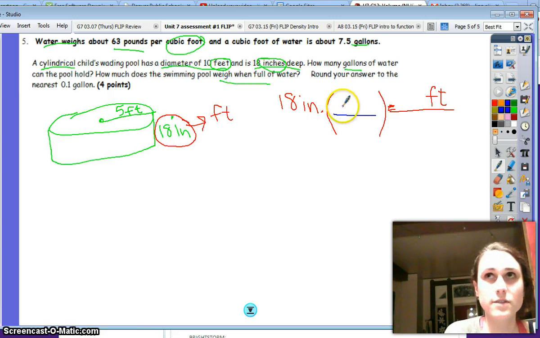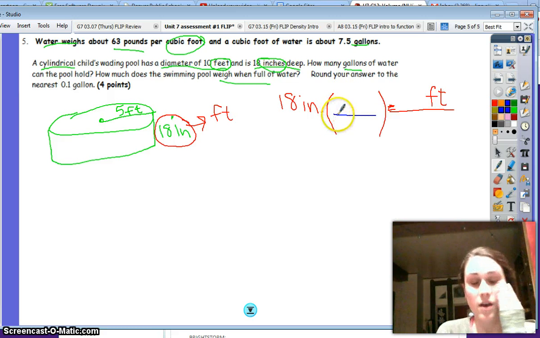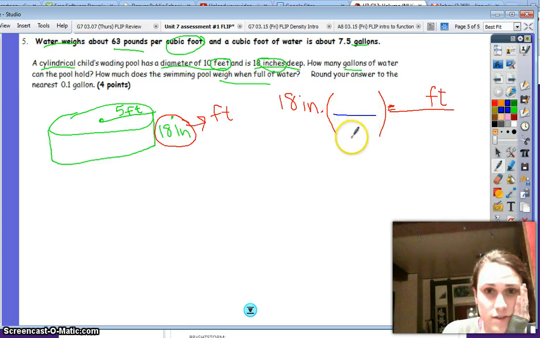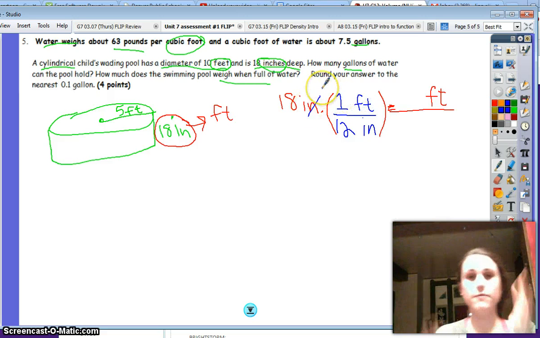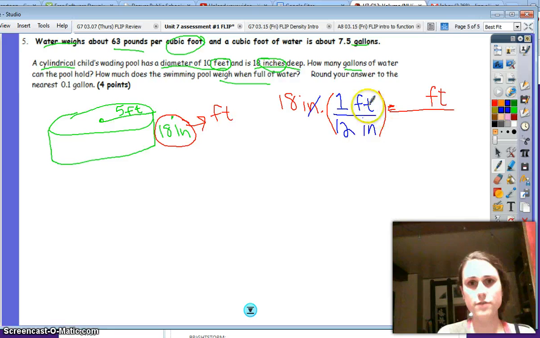Well, there's 12 inches in a single foot. Am I going to write this as 12 inches over 1 foot or 1 foot divided by 12 inches? And I'm thinking, well, if I want my inches to cancel out, I probably want to put inches on the bottom. So I'm going to multiply 18 inches by the conversion factor, 1 foot divided by 12 inches.